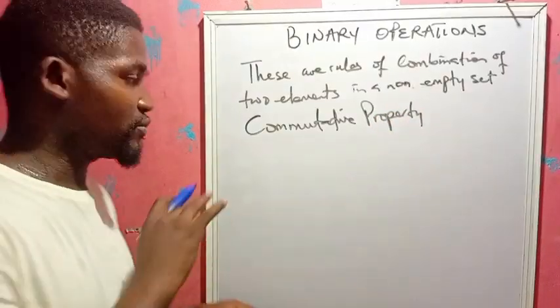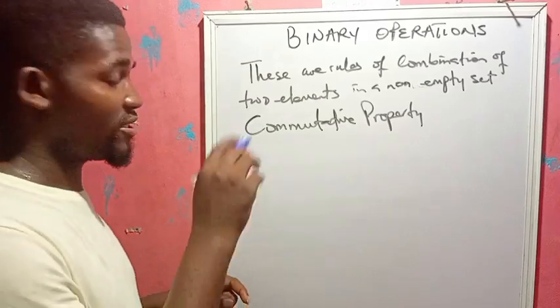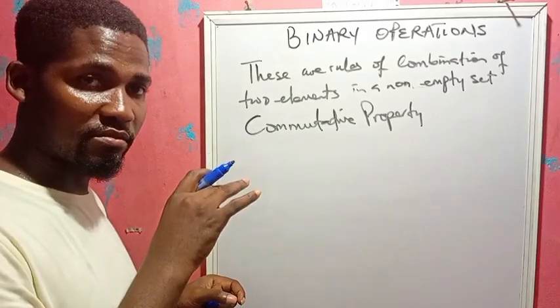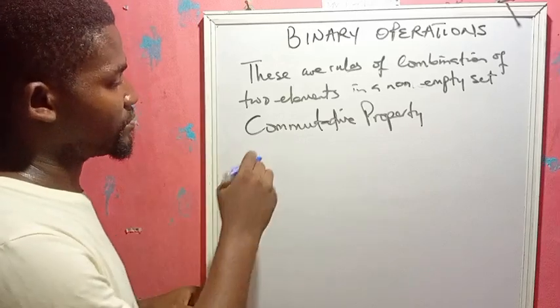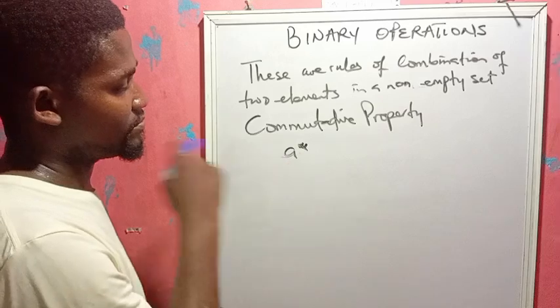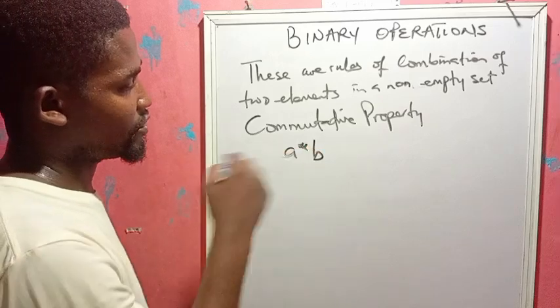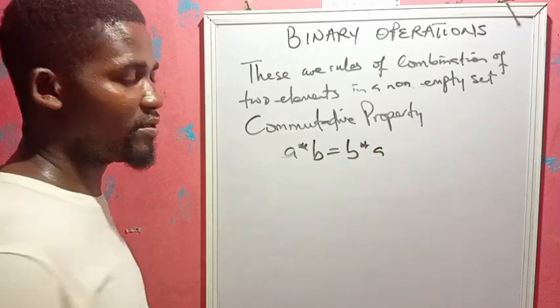It shows us that if two elements are interchanged in a function, they are equal. It depends on the operation we are carrying out. So let's look at this: a function b equals b function a.